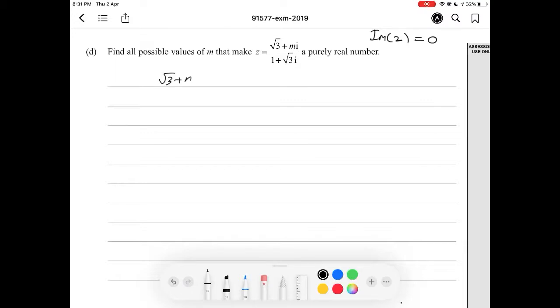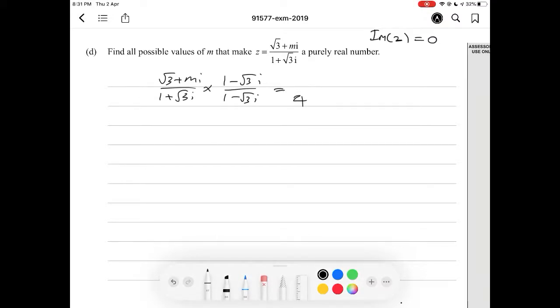So root 3 plus mi over 1 plus root 3i. We're going to multiply that by 1 minus root 3i over 1 minus root 3i. This equals 1 times 1, that's 1, and then negative root 3i times positive root 3i, that's negative 3i squared, which is positive 3. So 1 plus 3 is 4 on the bottom.